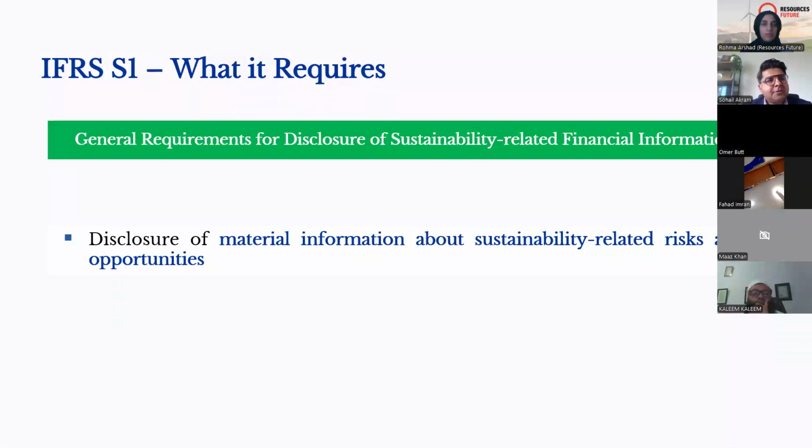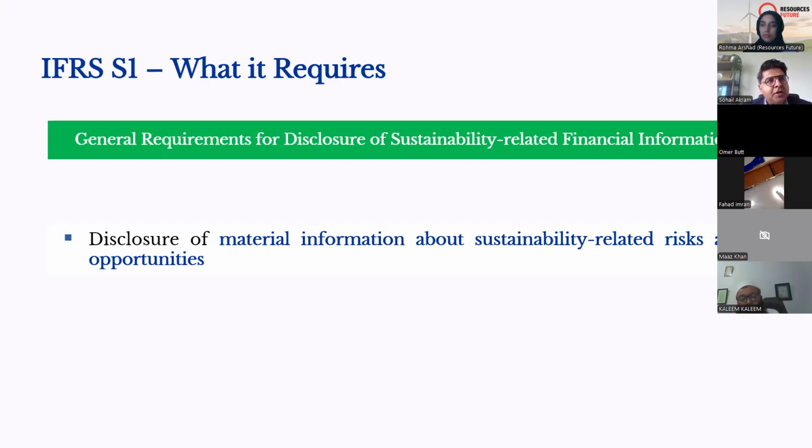And the second aspect is, because I mentioned that the focus of ISSB's work, or IFRS S1 and other sustainability reporting standards, would be around investors' needs, the disclosure of sustainability-related risks and opportunities as per IFRS S1 should be those risks and opportunities which are expected to affect the cash flows of the entity or access to finance or cost of capital.